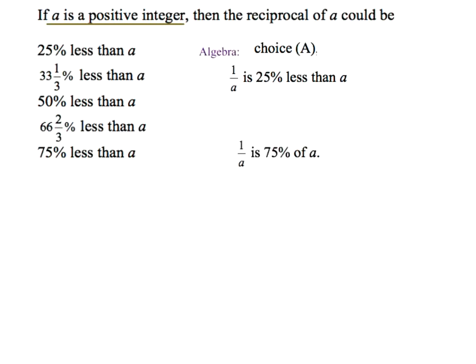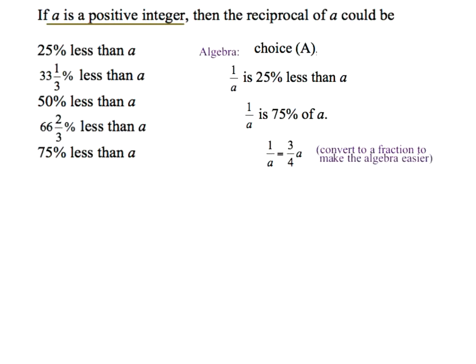In an equation, 25% less than a means 75% of a. So that means that it's a fraction. You want to make this a fraction because fractions are easier to solve. So once you have that, if you cross multiply, you get 3a squared is 4. So this is not going to be an integer.